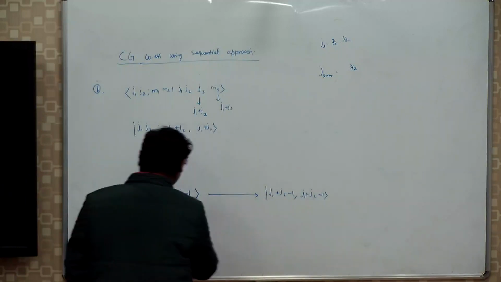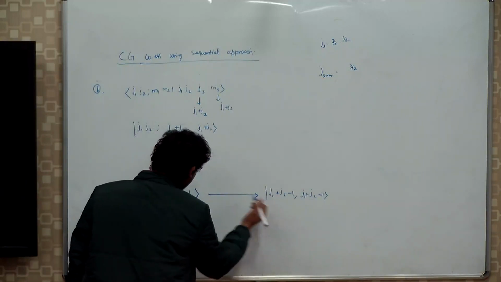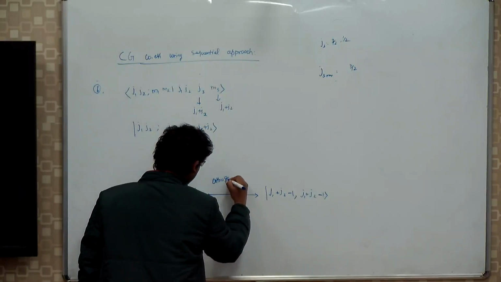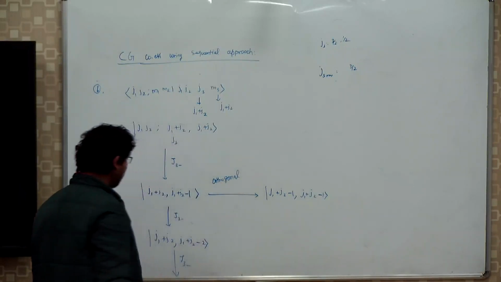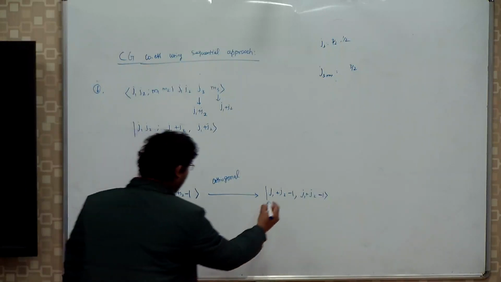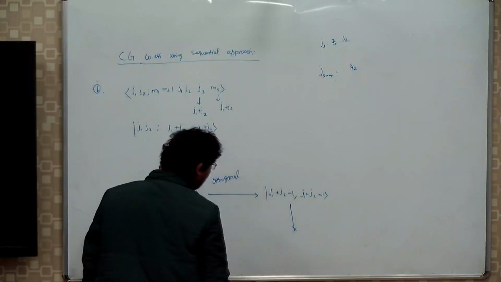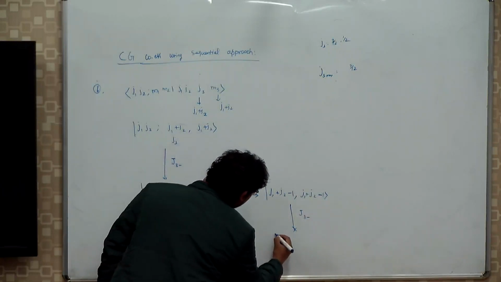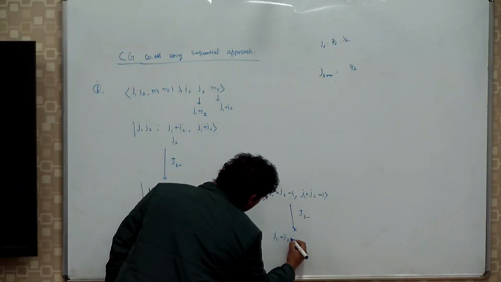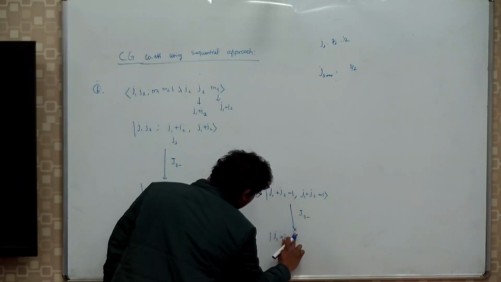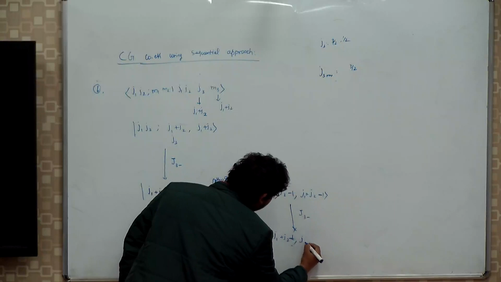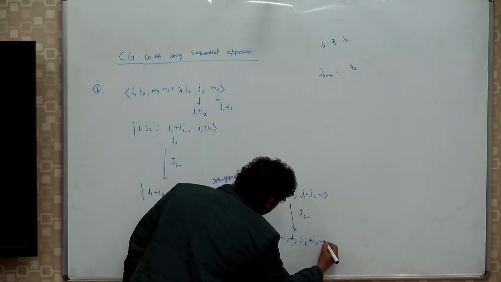So these two states are orthogonal to each other. Then if J3 minus acts on this state, it will be J1 plus J2 minus 1 comma J1 plus J2 minus 2.